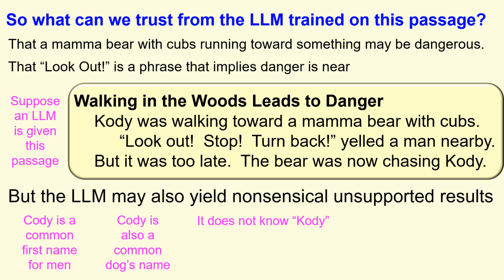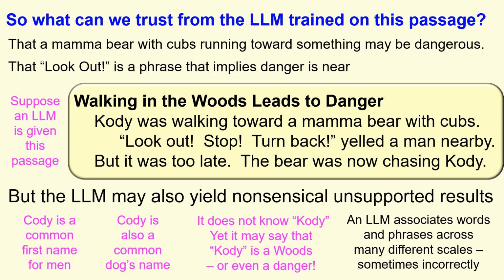But Cody with a K, that is something the large language model's never seen. Could be a misspelling, or it could be just an unusual spelling of one of these names. Yet it may say that Cody is a woods, or it even might say that Cody is a danger. See, a large language model associates words and phrases across many different scales, and sometimes that's not correct.